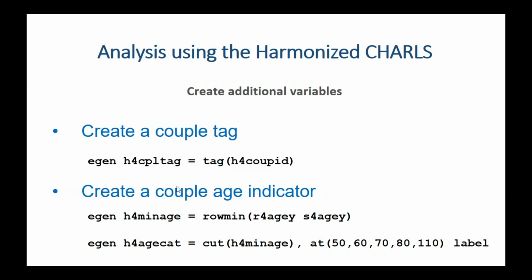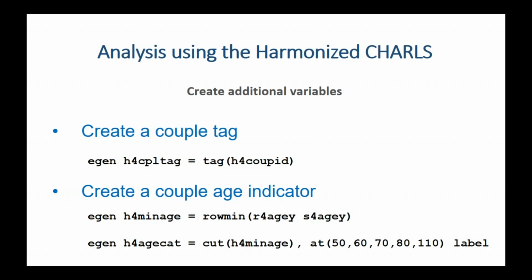The next thing we're going to do is create a couple age indicator. Age is something that every individual has on their own, right? But we're thinking about a household here, a couple or a single person. In a couple, it's more complicated, right? We have 2 ages, the age of one person and the age of the person they're partnered with. So what we're going to do is use the minimum age between those.